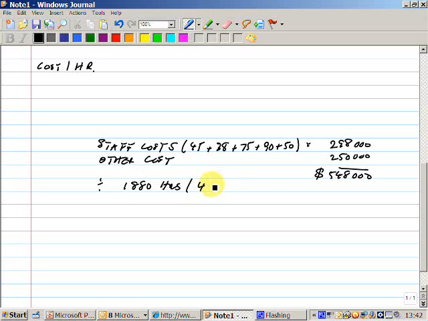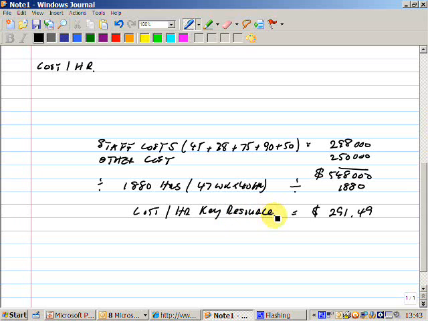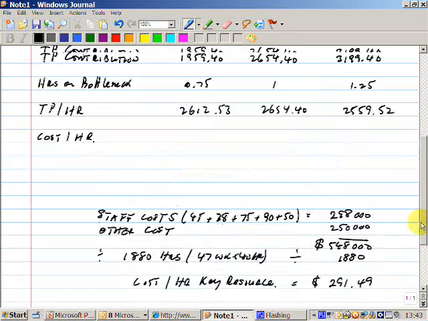So that's 47 weeks times 40 hours. So that's 1880, and 548,000 divided by 1880 gives us 291.49. So that's the cost per hour of key resource. Okay, so that's the cost per hour.